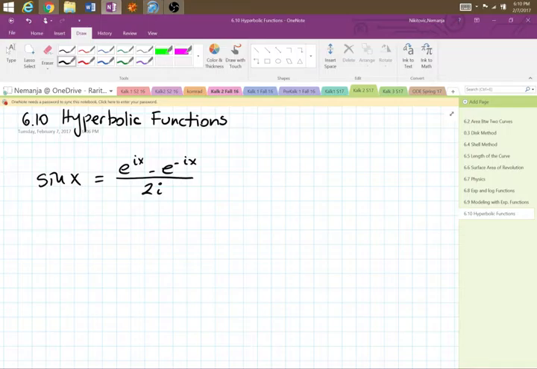So there's this complex form through exponentials that can be used to write sine x. And there's also one for cosine. Cosine x is equal to e to the ix plus e to the negative ix over 2. No i in this case on the denominator.